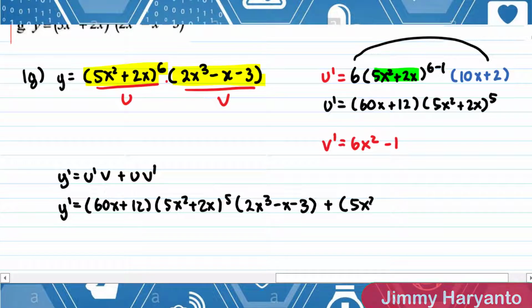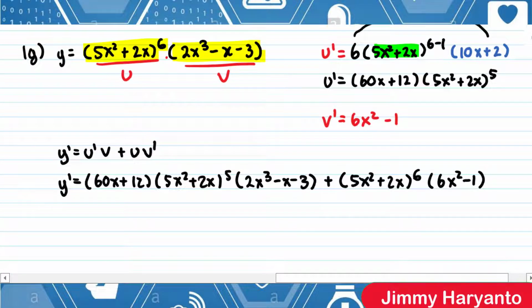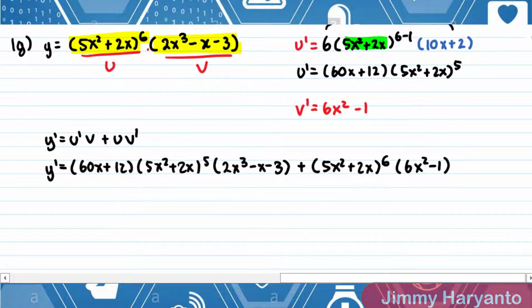U is 5x squared plus 2x to the power of 6, and then times v accent, 6x squared minus 1. Okay, so I think this one is simple enough, so maybe we can stop here, and this is the answer for number 1g.